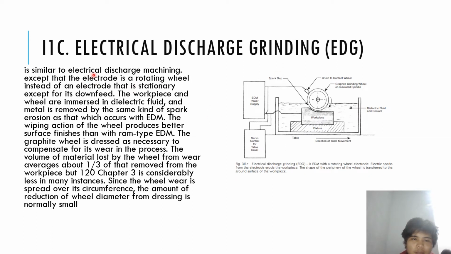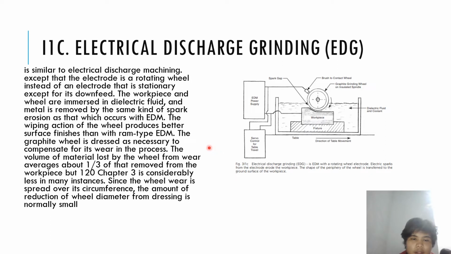It's similar to electrical discharge machining, except the electrode is a rotating wheel instead of an electrode that is stationary except for its down feed. The workpiece and wheel are immersed in the dielectric fluid, and metal is removed by the same kind of spark. The wiping action of the wheel produces better surface finishes than with ram type EDM.